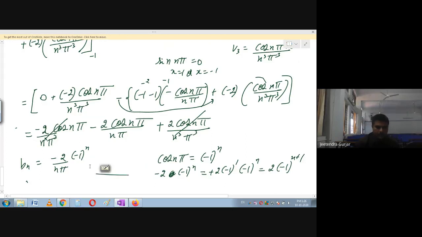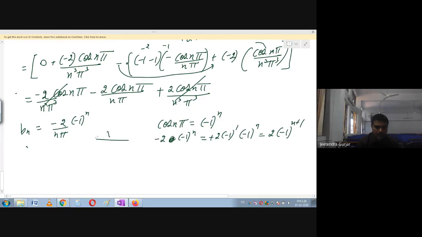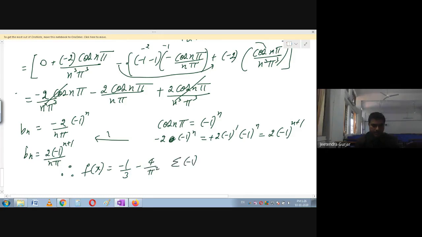Therefore, Bn is equal to 2 times minus 1 raised to n plus 1 upon n pi. Therefore, substitute in the formula, f of x is equal to minus 1 upon 3, minus 4 upon pi square summation minus 1 raised to n. Just substitute a naught, an and bn, and you are going to get this answer.